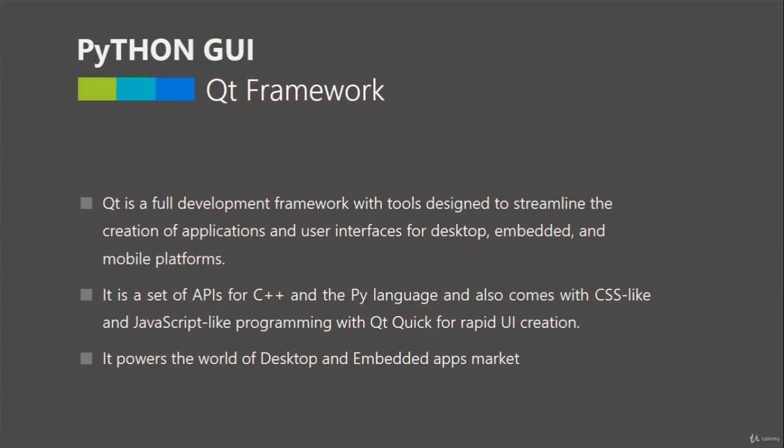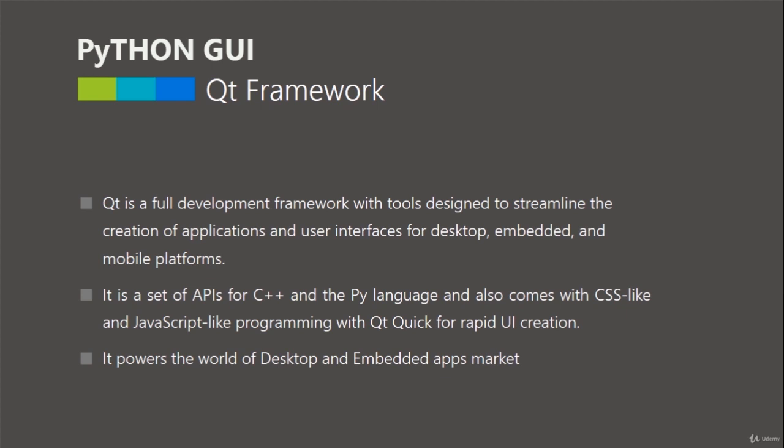They have a new technology called Qt Quick, which allows you to build your UIs really fast. It's like CSS, and it also has JavaScript-like scripting in there. So you have CSS and JavaScript-like functions. CSS is nice and beautiful to write. JavaScript is also widely known. It's also easy, and that's it.